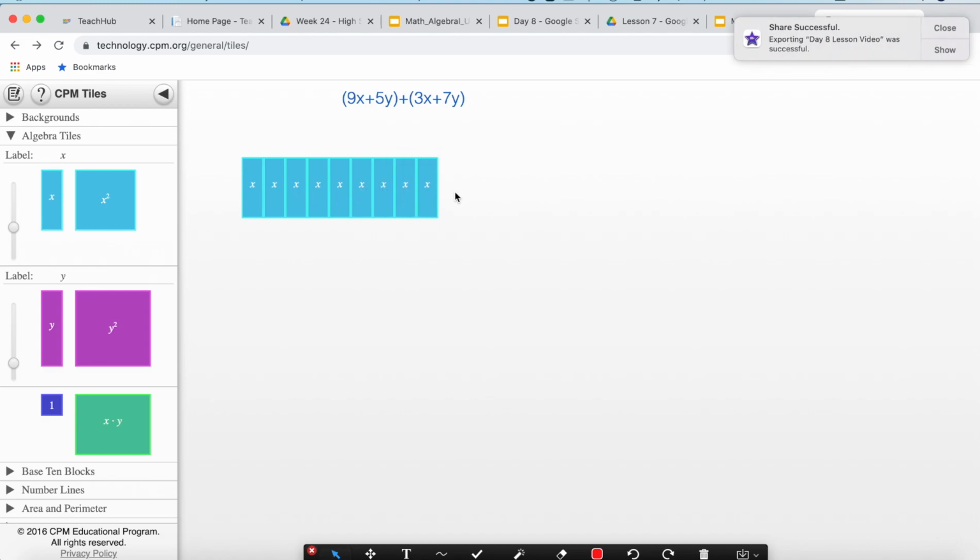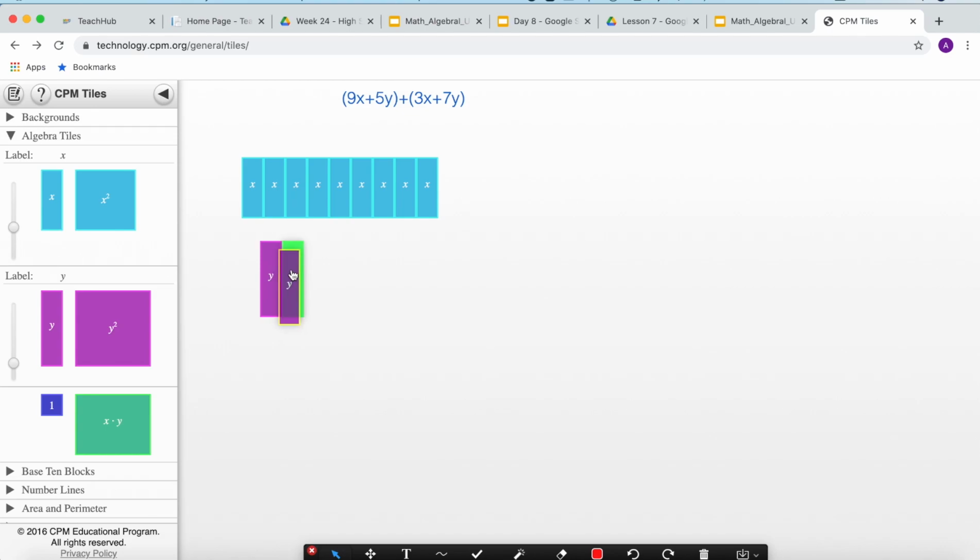This is a pretty simple one. And the nice thing about this is it shows students exactly, in a very concrete pictorial way, what 9x is. 1, 2, 3, 4, 5, 6, 7, 8, 9, and then 5y's.